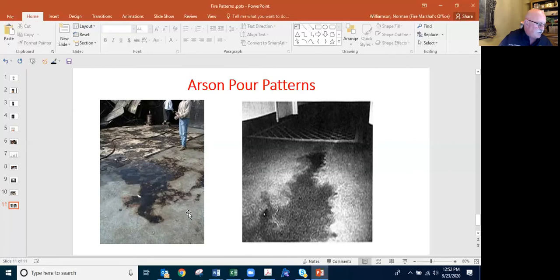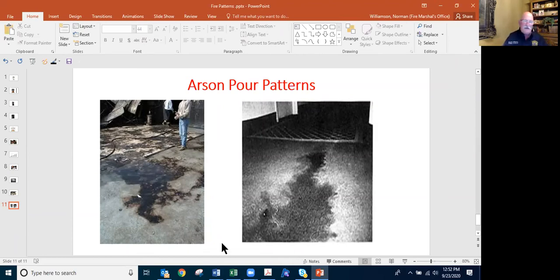This one here, you'll notice that it splashes a lot more than it does over here, which kind of tells you that this is probably a concrete base over here. And you can see which way your pattern went, can't you? All the way out into here. It's possible that they may have poured a whole bunch of it right here, same as here.